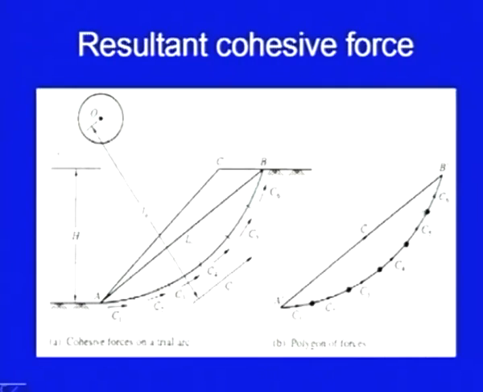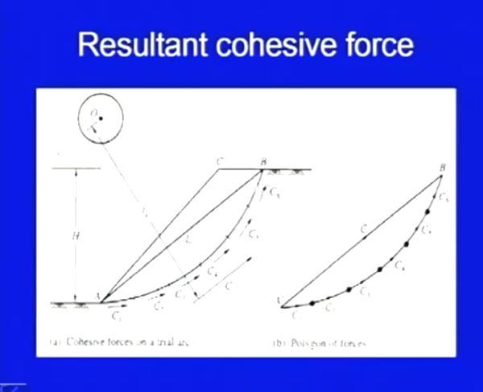So, if you compare this figure and this figure, the resultant in magnitude should be equal to this length, and its direction will be in this direction. So, the resultant of these cohesive forces will be parallel to this line AB.